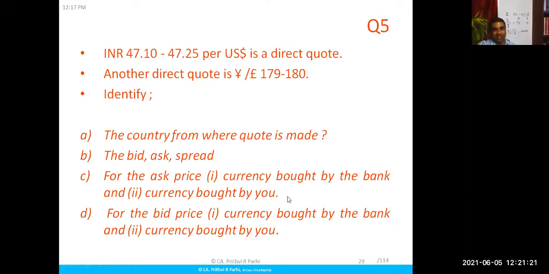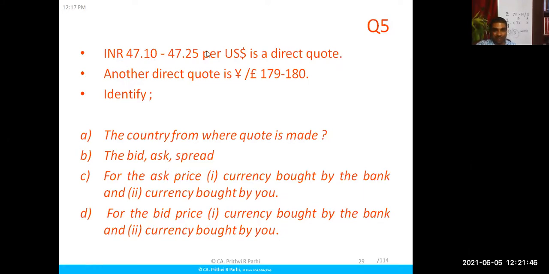What is the currency bought by the bank? Can you answer this? A typical question. I had already explained those concepts. Sir, as you have said, the denominator part is the commodity that is being exchanged, so in that case it is the dollar.